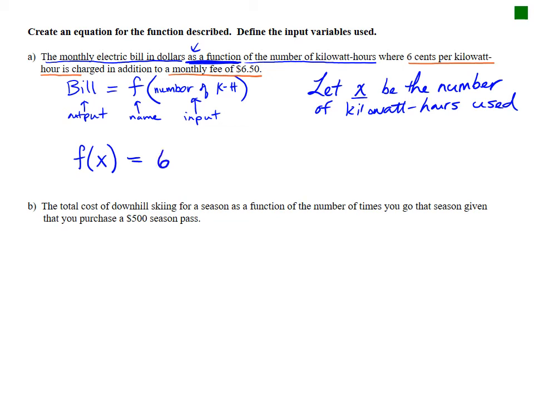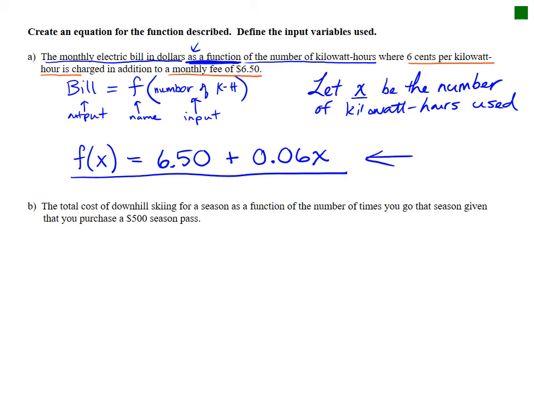A lot of times people will start with $6.50 because that is what happens automatically. Plus, again, 6 cents. Now, since this was in dollars, the $6.50, I should write the cents as dollars. So 0.06 for every kilowatt hour means I'm multiplying by X. So this is an equation that will give me the electric bill for the month, and it's written in function notation based on the wording in the problem.